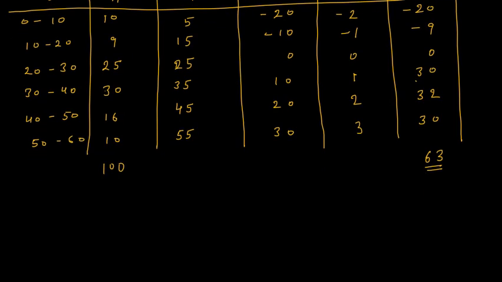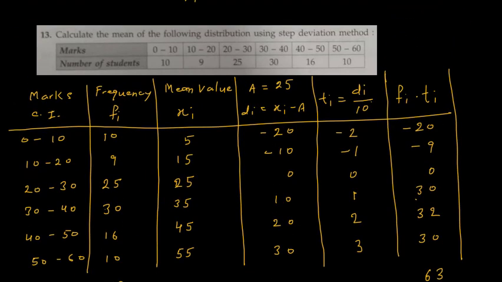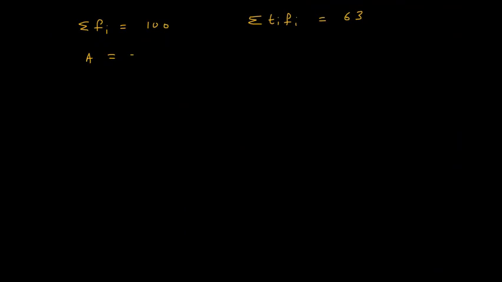Now here we have summation of Fi, which is 100, and we have summation of Fi into Ti, which is 63. Also we have the value of A. What is the value of A? We assumed the value of A as 25.